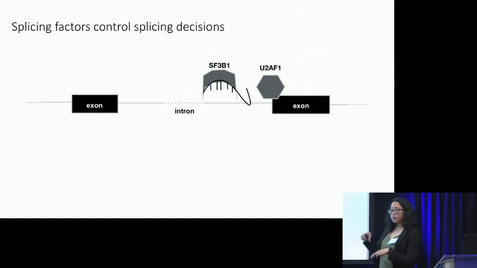These factors associate directly with the pre-messenger RNA and help direct the cell to know exactly where to cut and paste. It's these factors that are commonly and frequently mutated in cancer. This is such a fundamental process to how cells should work normally, so it was very curious why these mutations were occurring so frequently in cancer.